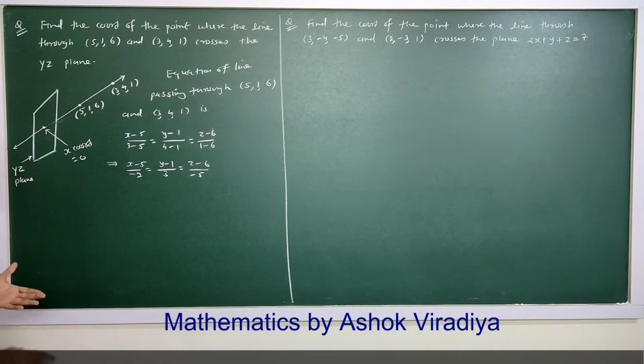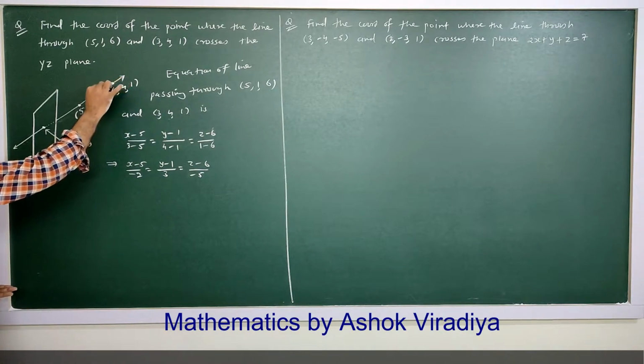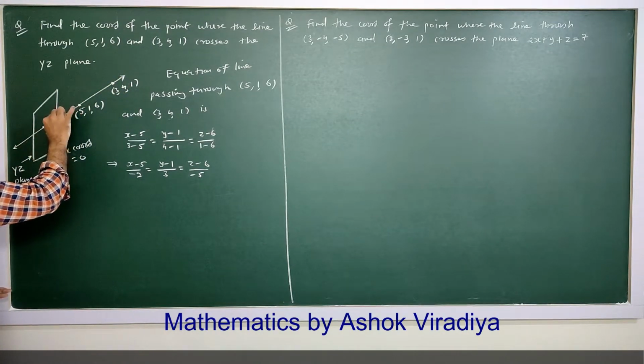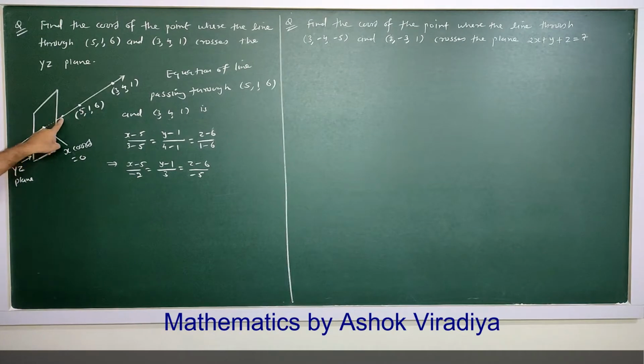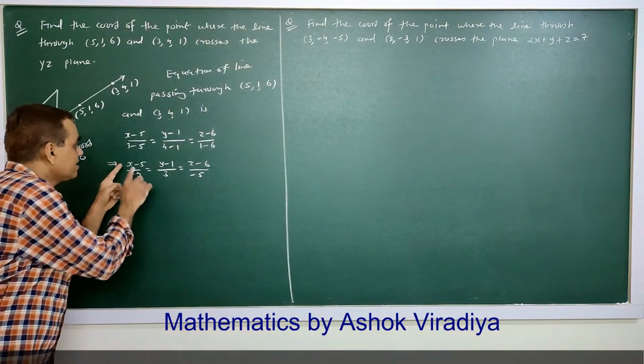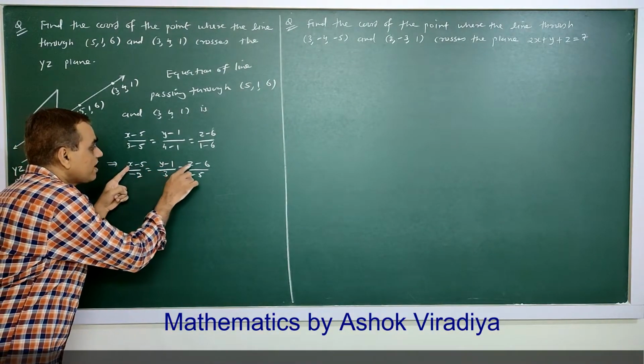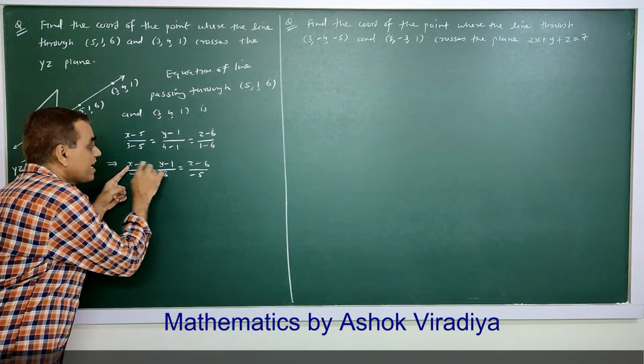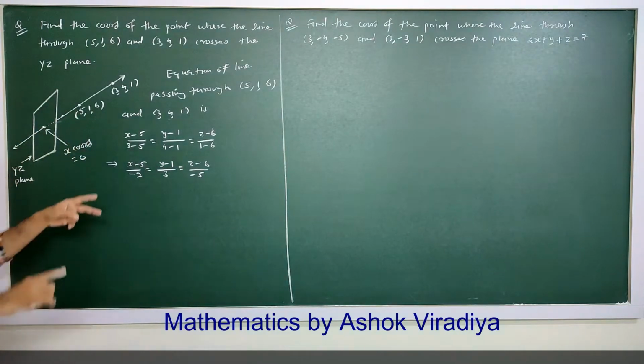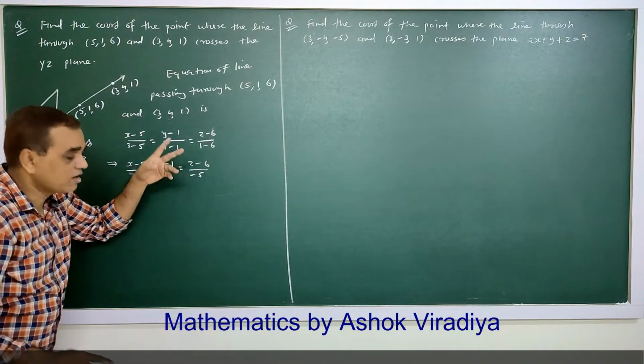This means every point on this line, say any variable point P whose coordinates are x, y, z, if you put its values of x, y, z, that is the coordinates of any point which lies on this line, then this ratio is always equal.